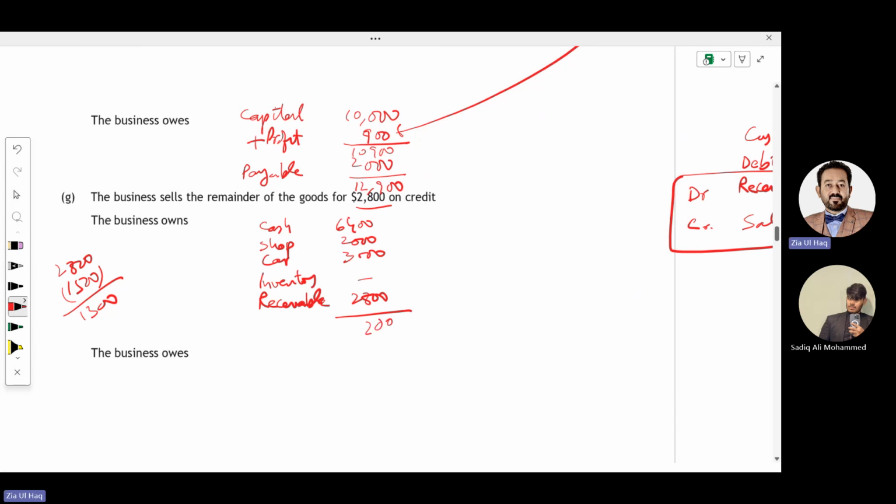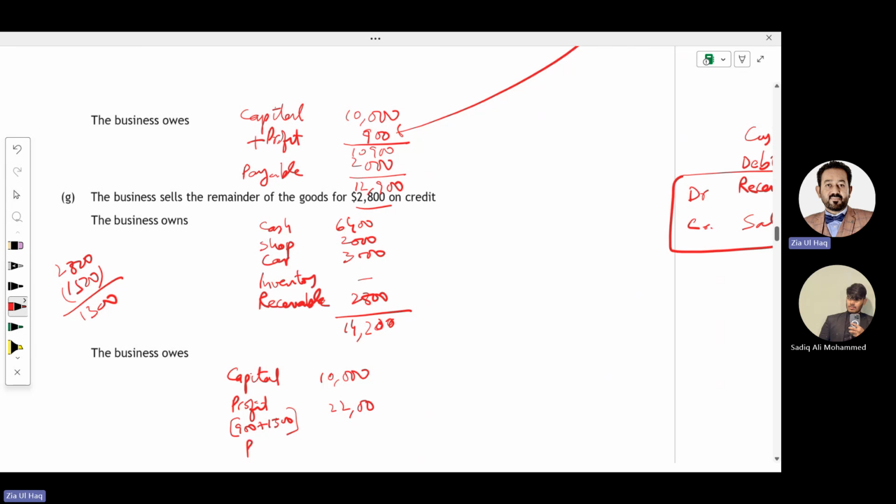So what business owns now? 6,400 plus 2,000, 8,400, plus 3, 11,400, plus 2,800 is 14,200. What business owes: capital of 10,000, profit. 900 was before, now 1,300. How much is that? 2,200.